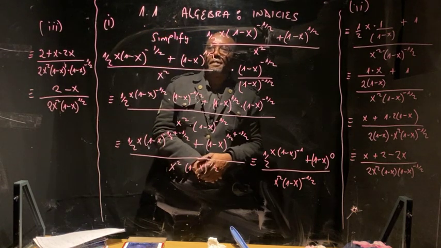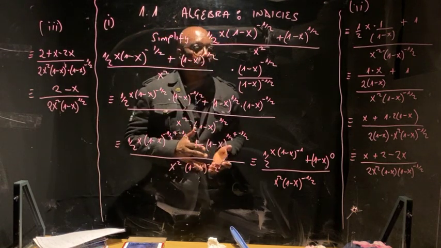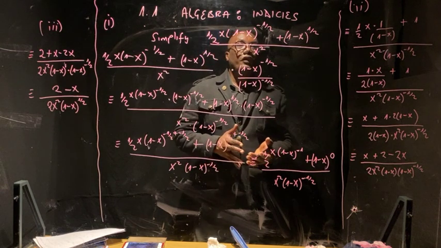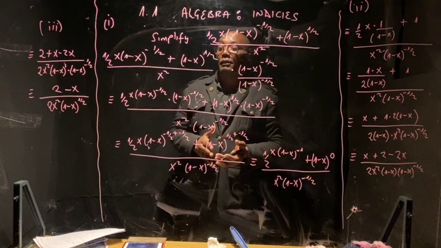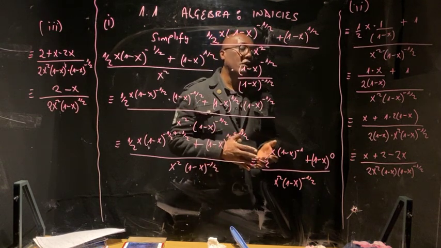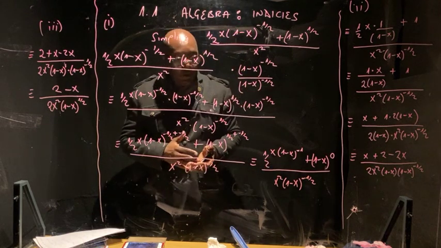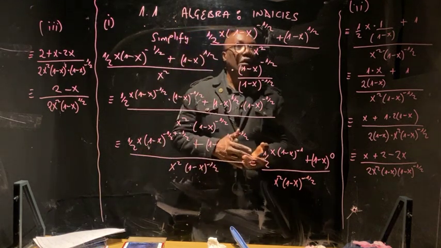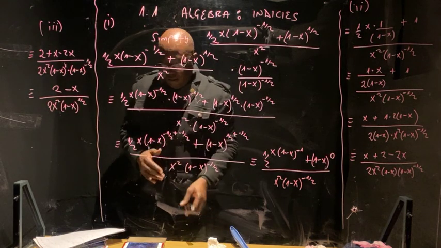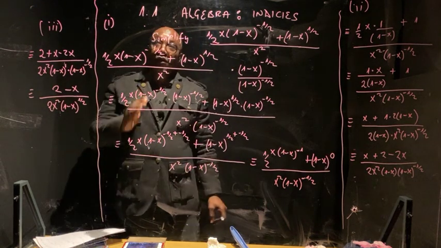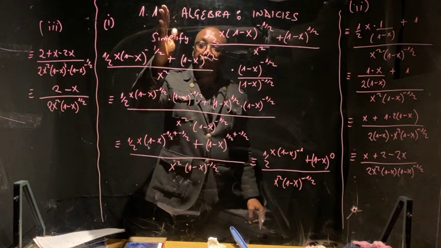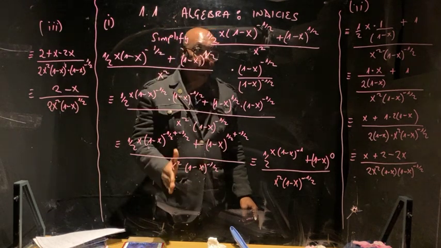So this is a complex form of indices that possibly you can ever come across. Take your time to copy it, and we'll take the next question. Remember, we continue from section 1.